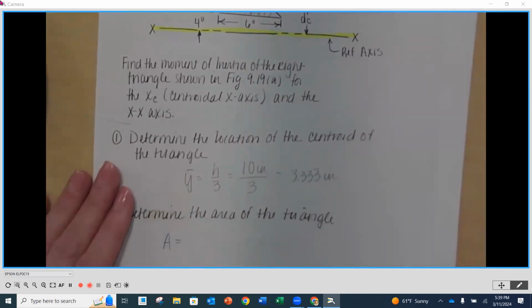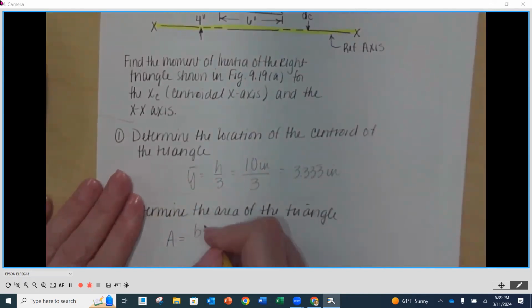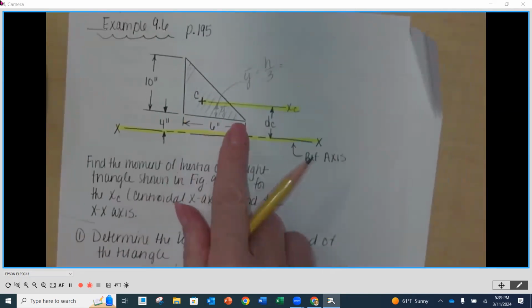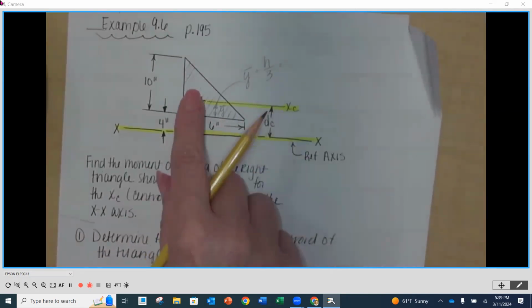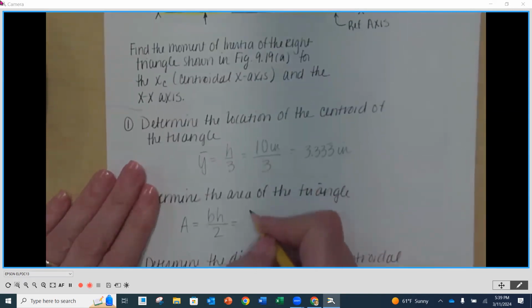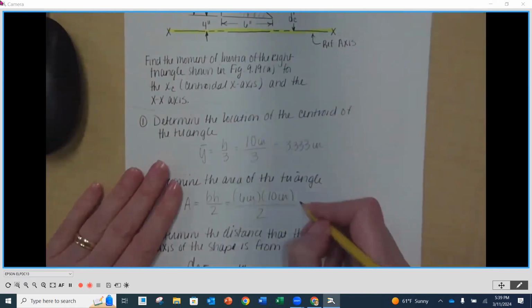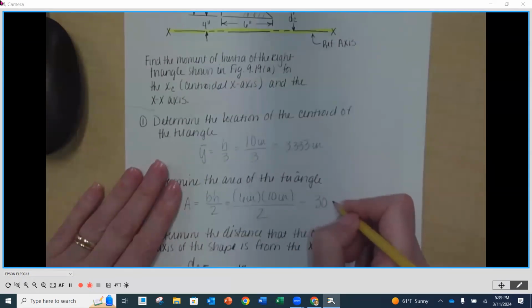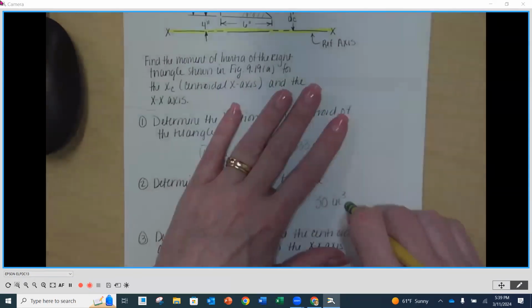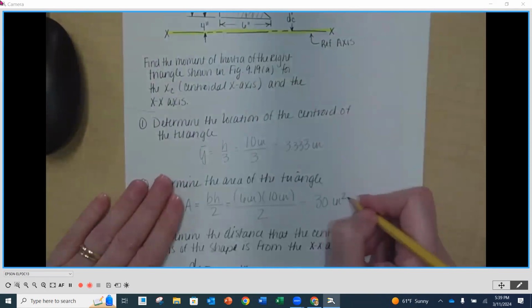So that's what we're going to put in here: B times H divided by 2. Our base in this case is 6 inches, our height is 10 inches. So 6 inches times 10 inches, and we're going to divide that by 2. So it looks like it's 60 inches squared. So our area is going to be 30 inches squared.